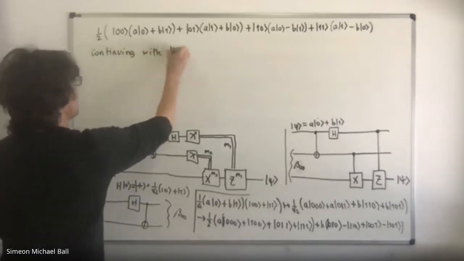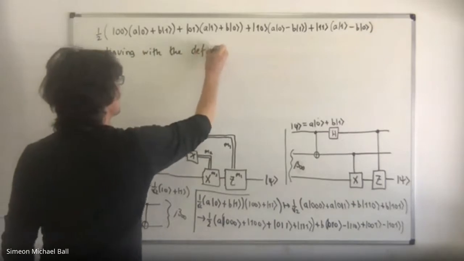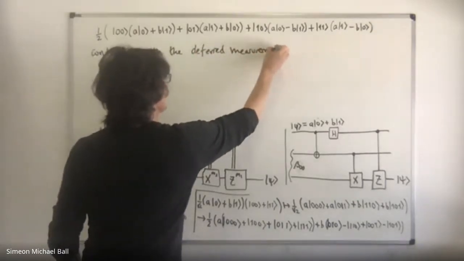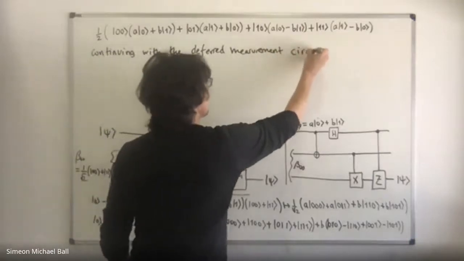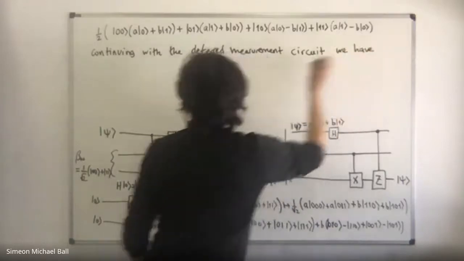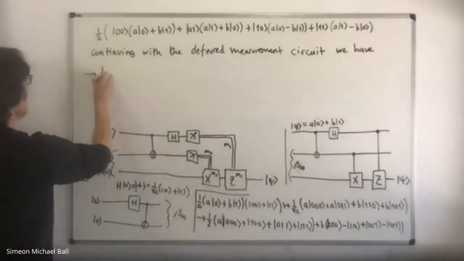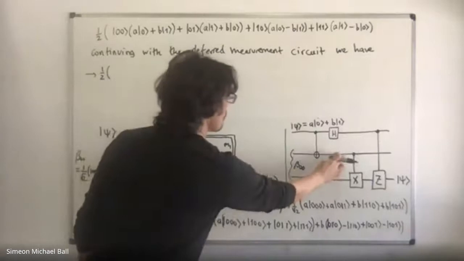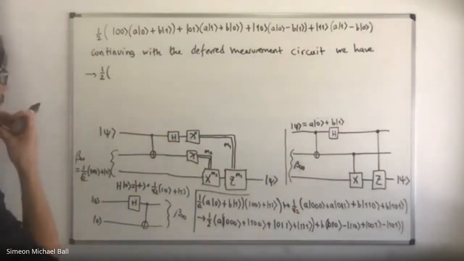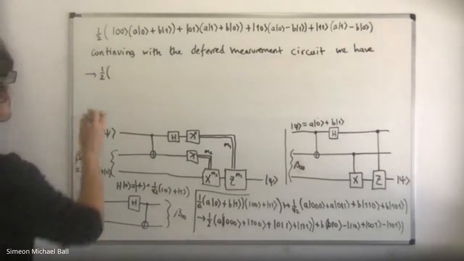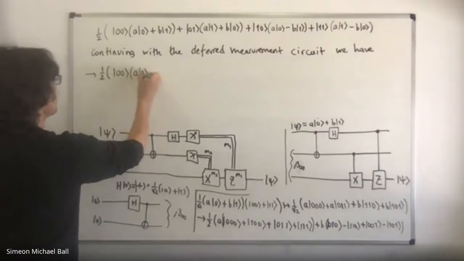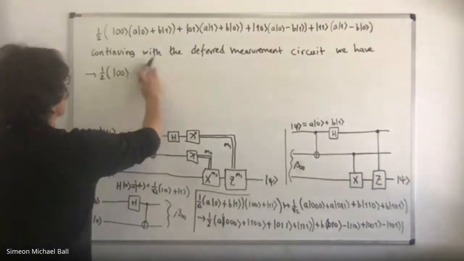Yeah, so continuing with the deferred measurement circuit, we have this goes then to 1/2 and a controlled, so we're controlling on the second qubit. So if the second qubit's set, well, let's just write psi here because that's just psi.